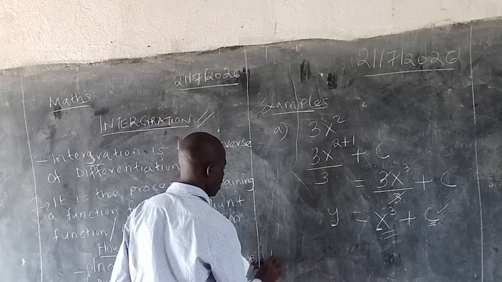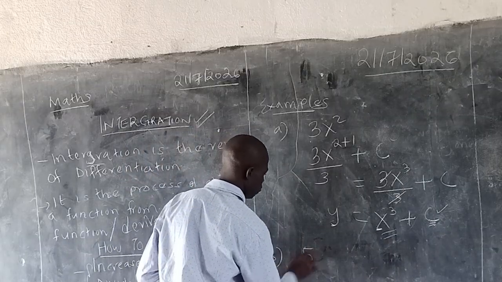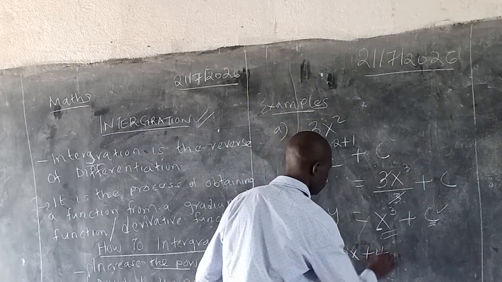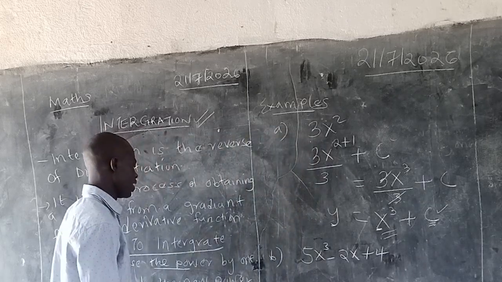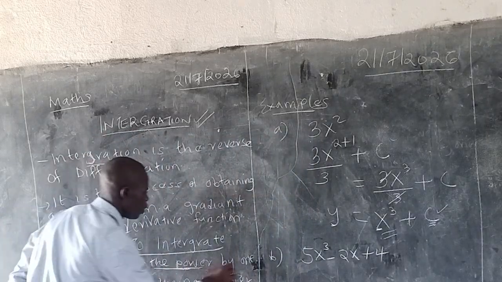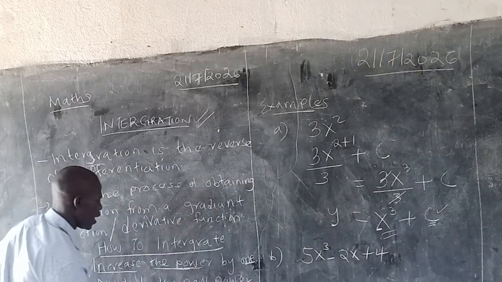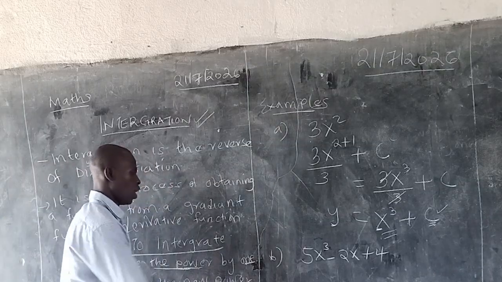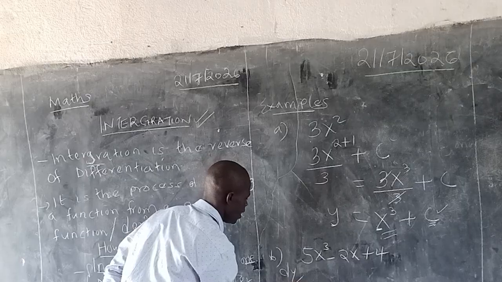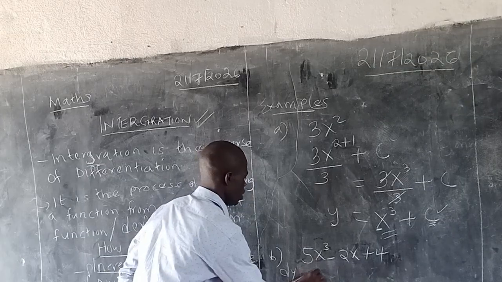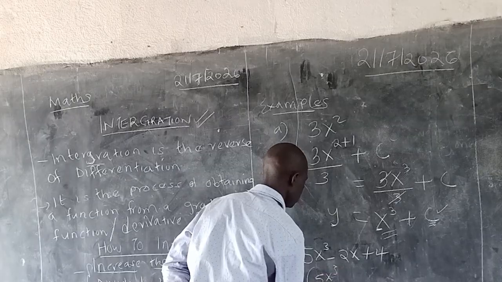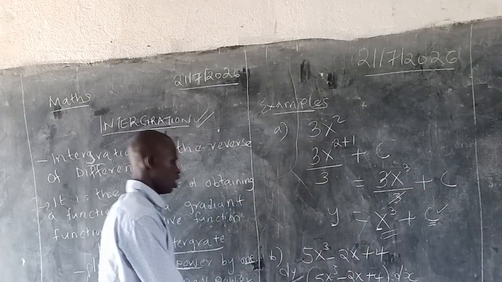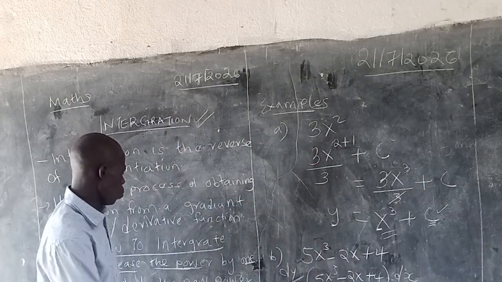Part B, given 5x cubed minus 2x plus 4. What is important here is to understand that we increase the power by 1, then we divide by the new power. That's the key point. Then we add the constant c. Now here, dy/dx is given by 5x cubed minus 2x plus 4 dx. Now when we integrate, we increase the power by 1.